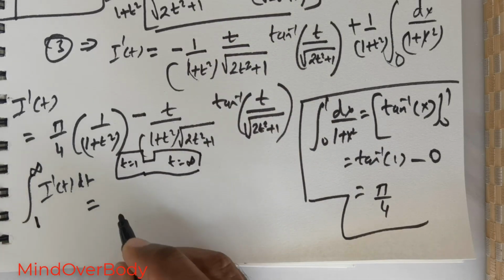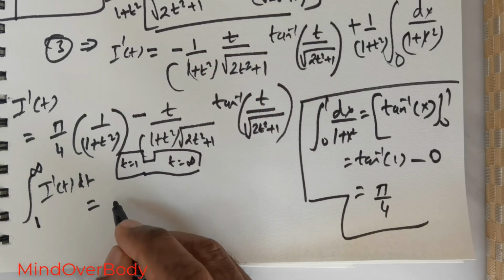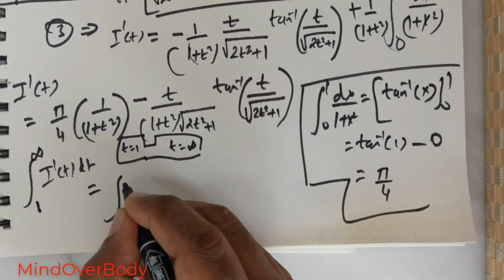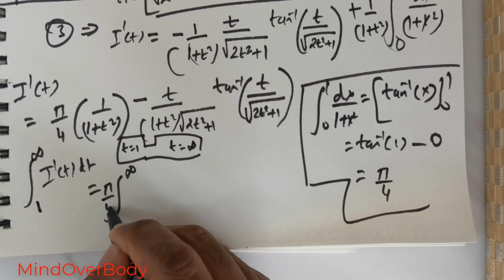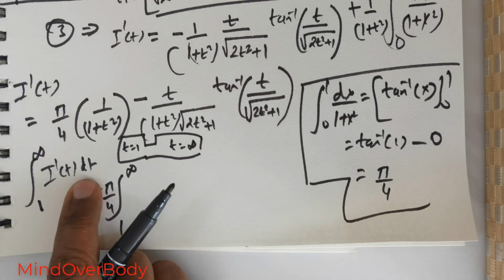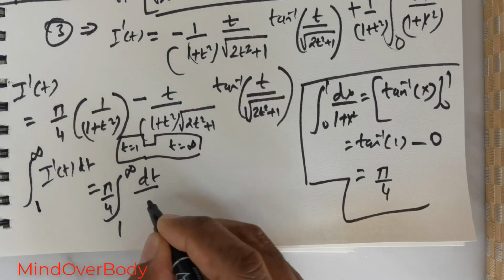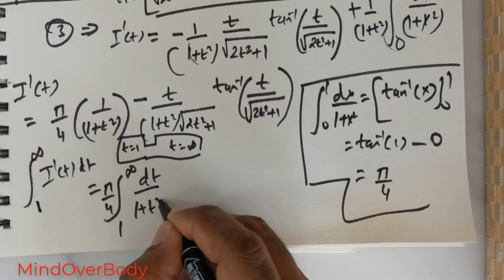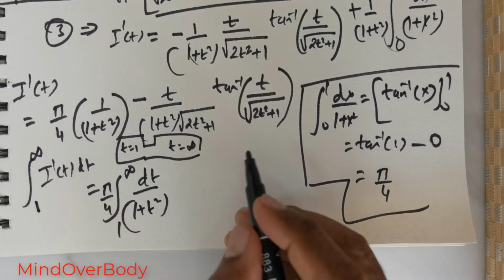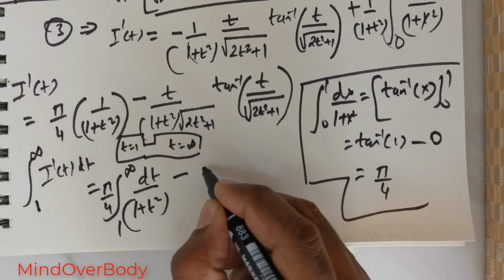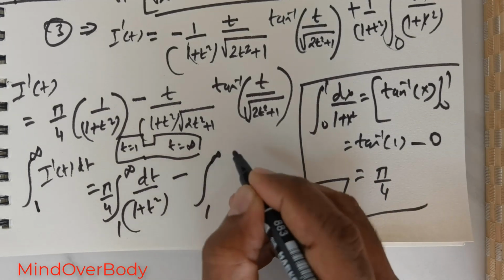So on the right hand side I need to integrate all of this. So this is going to be the integral from 1 to infinity, place pi over 4 outside. Since the integration is with reference to t, you can easily place dt divided by 1 plus t squared. This is easy. Now the complicated part will come when you are integrating this one.